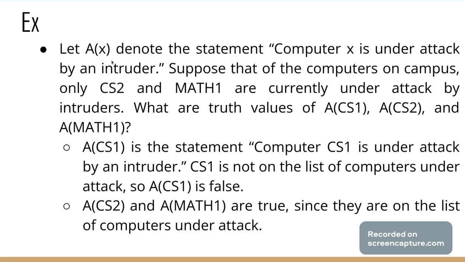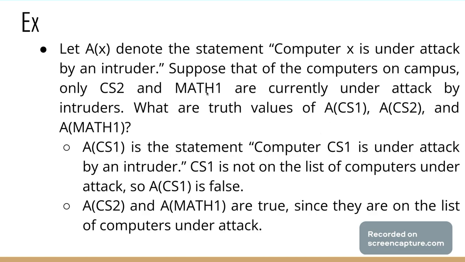In this particular case, let A(x) denote the statement computer x is under attack by an intruder. Suppose that the computers on campus are only CS2 and Math1, and only these two computers are currently under attack. So what is the truth value for A(CS1)?